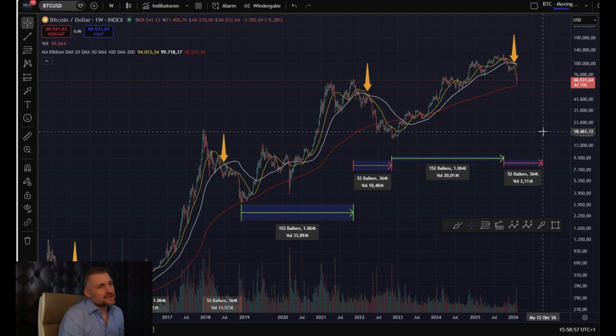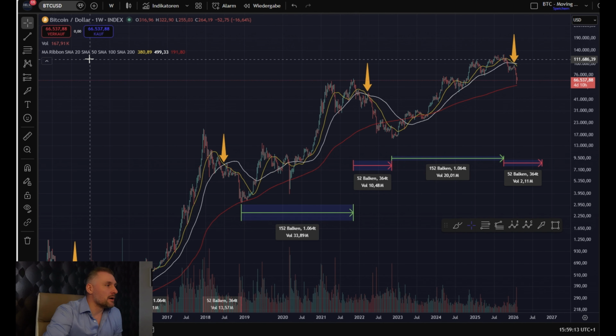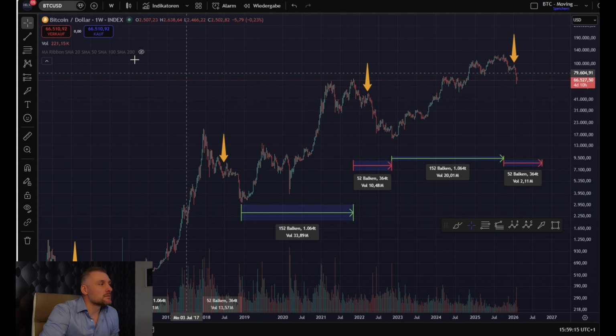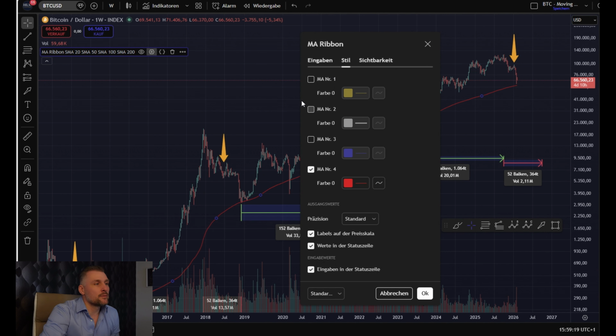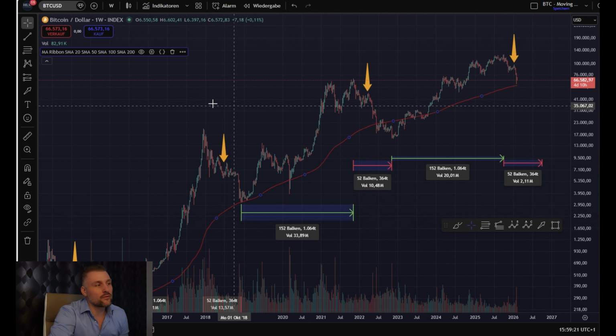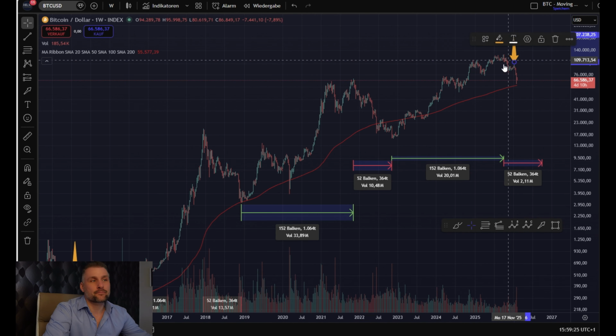And there are some other metrics or views where we can identify if Bitcoin is at a cheap level, or where we could say, okay, maybe it's coming lower. And that's when I will take off the 20-week moving average and the 50-week moving average, because this is also really interesting.